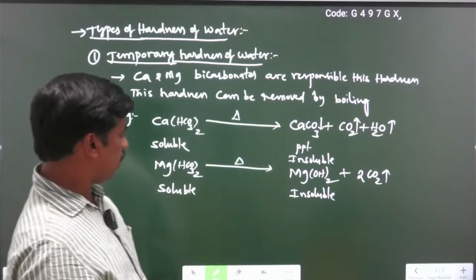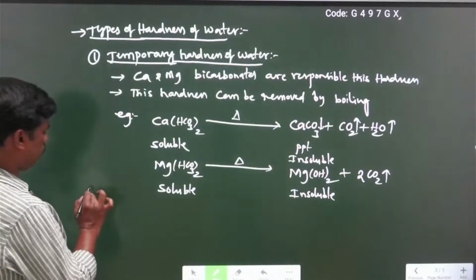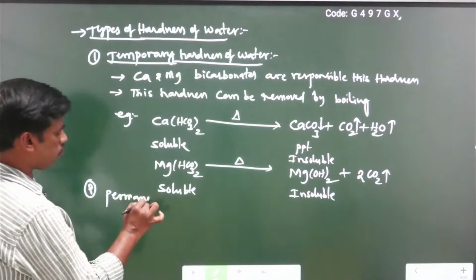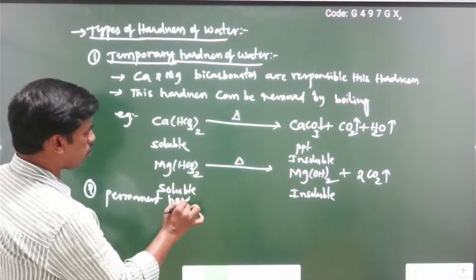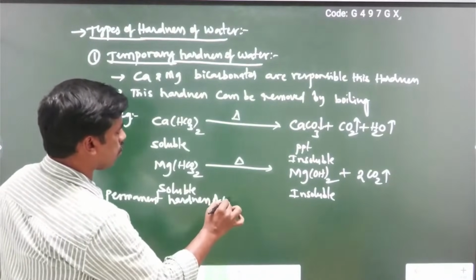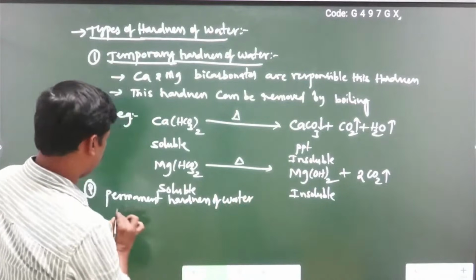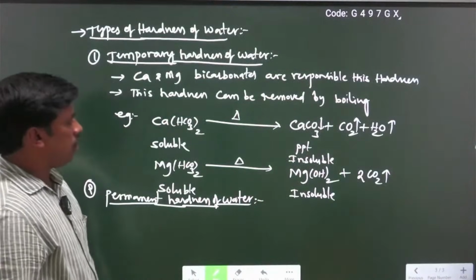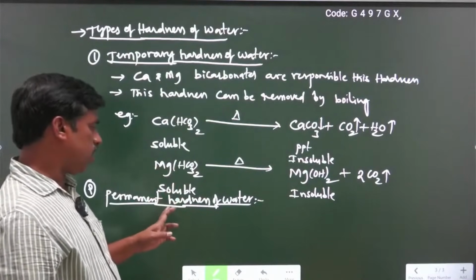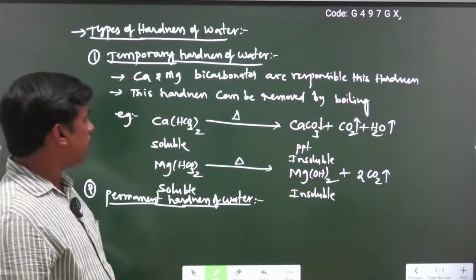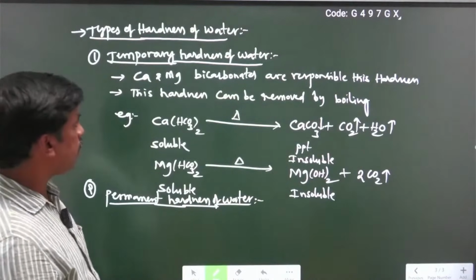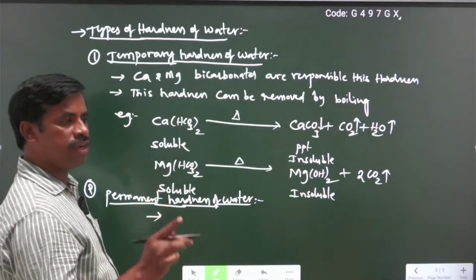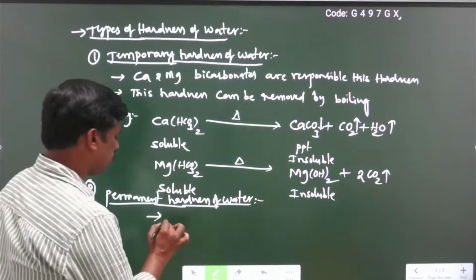Next, we have the second one: permanent hardness of water. Listen here. After temporary hardness, we have permanent hardness of water. Permanent hardness is majorly caused by chlorides, sulfates, nitrates, etc., of calcium and magnesium.